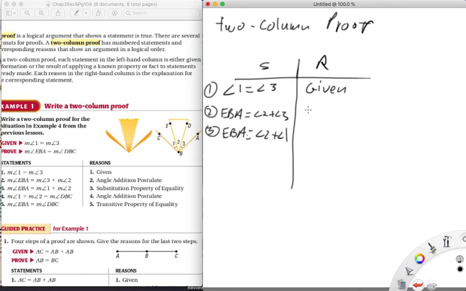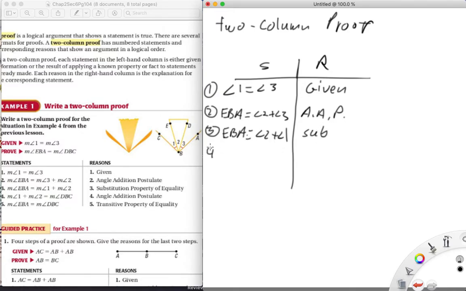The reasoning for step 2 is the angle addition postulate, and then the substitution property of equality.